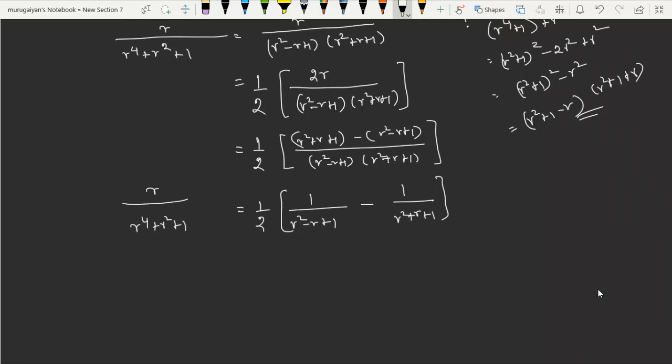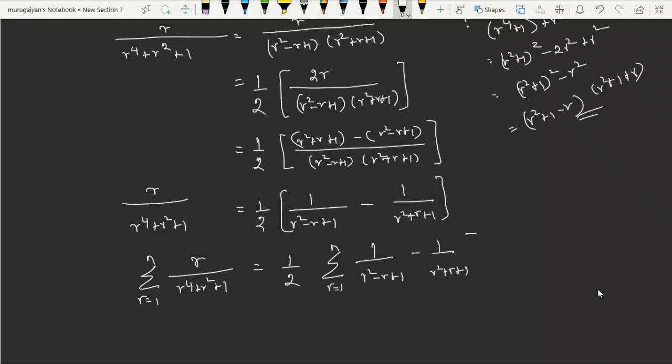Now if we take the summation r equal to 1 to n of r over r power 4 plus r square plus 1, it will be equal to 1 by 2 summation r equal to 1 to n of 1 by r square minus r plus 1 minus 1 by r square plus r plus 1.